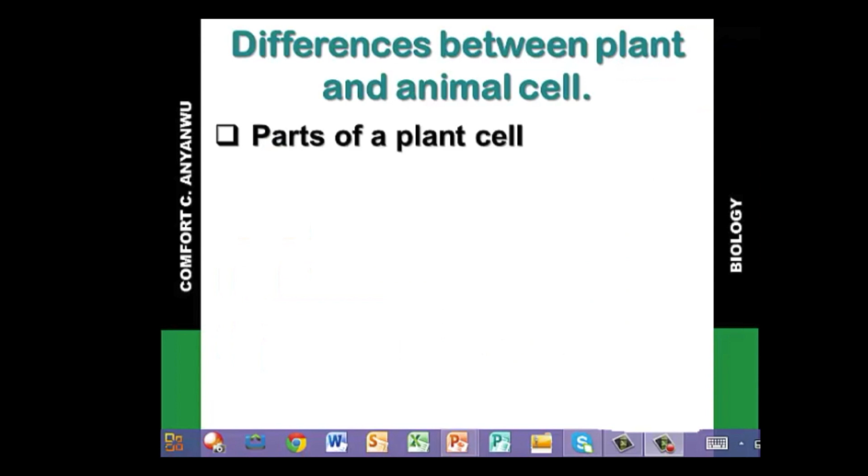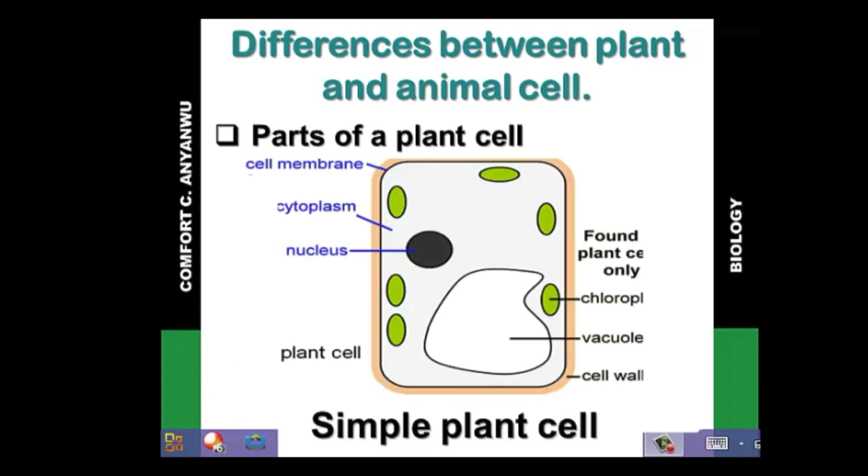We have just looked at animal cells. Now let's look at the parts of a plant cell. This is a simplified version of a plant cell. Just as in the animal cell, the plant cell also has a cell membrane, cytoplasm, and the nucleus.